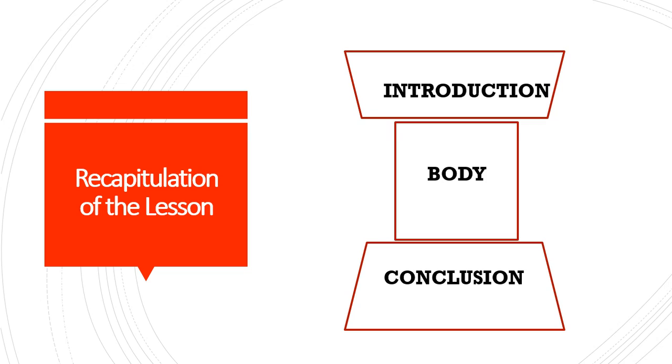For an introduction, it has a wider space simply because the idea that you will write in the introduction is general. Because in the introduction, that is where you need to write the thesis statement, which is the central idea of a text. Therefore, the idea in the introduction part is general.